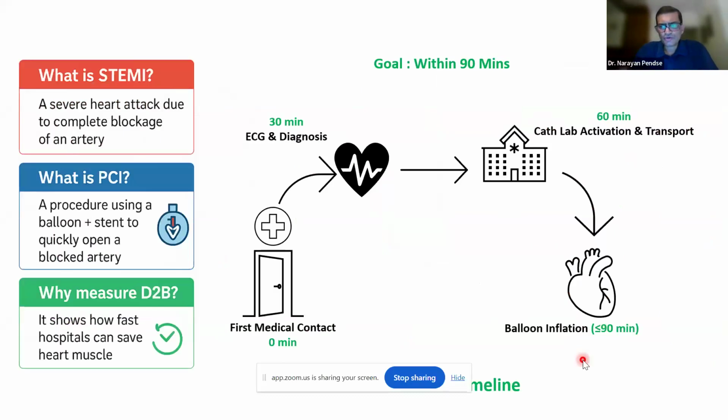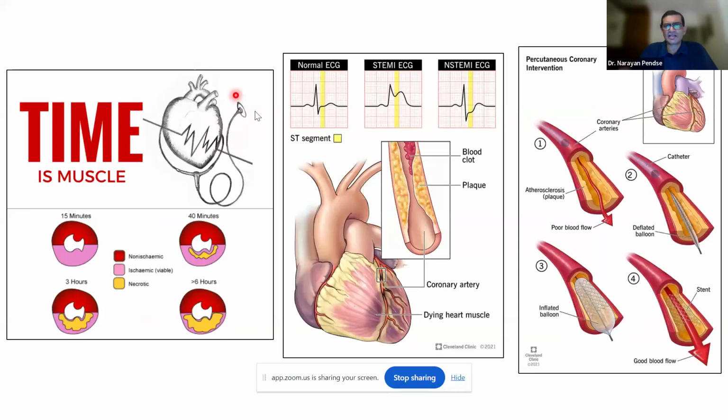So the door to balloon time is classically captured for the type of myocardial infarction known as ST elevated myocardial infarction. What do we mean by ST elevation? On ECG, a particular segment, which is called the ST segment, is elevated, and that is called ST elevated MI. While if it is flat and the patient still has symptoms of a cardiac event, it would typically be called a non-STEMI.